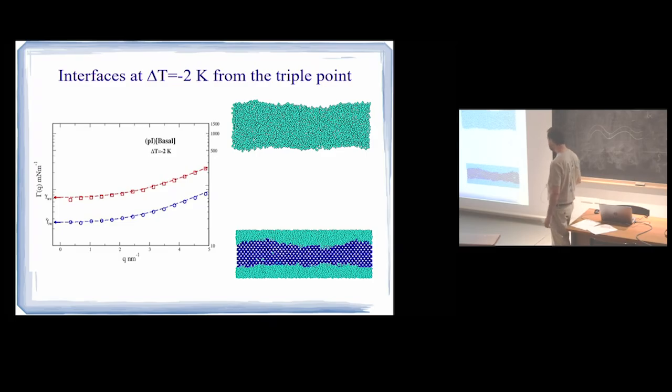Now let us consider the other interface that is involved in my system. This is a solid in coexistence with a liquid. Okay? This is not a pre-melting film. I have periodic boundary conditions, so this is a solid in coexistence with a bulk liquid. Okay? But still I have surface fluctuations, and you might not have expected this, but look at them. The amplitude is very large.